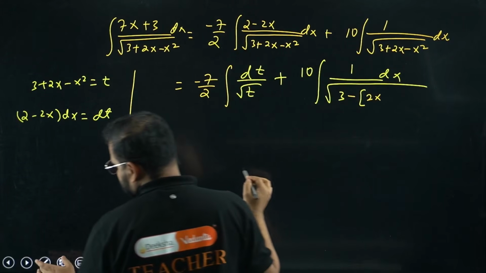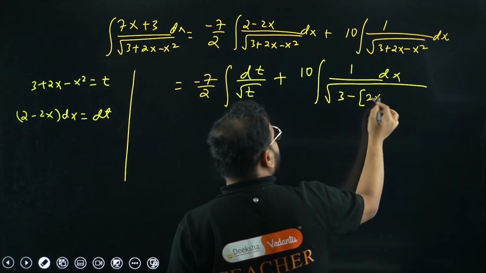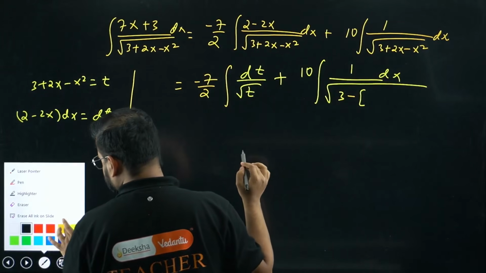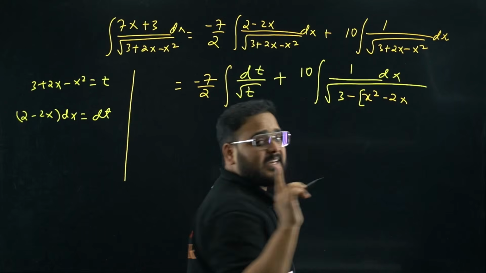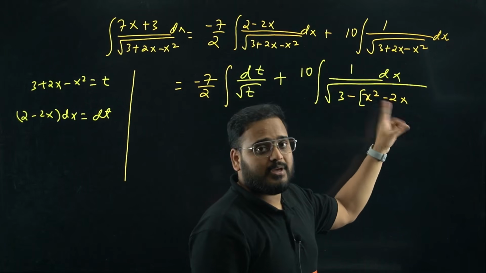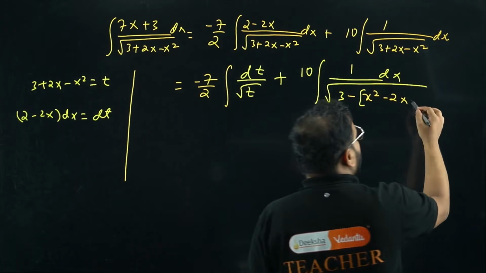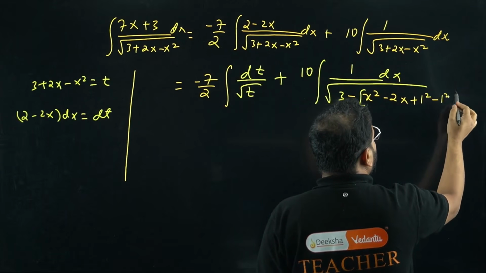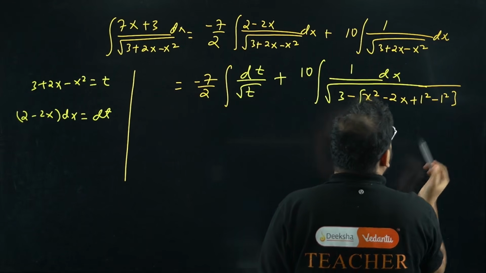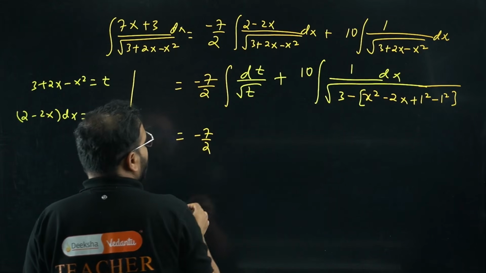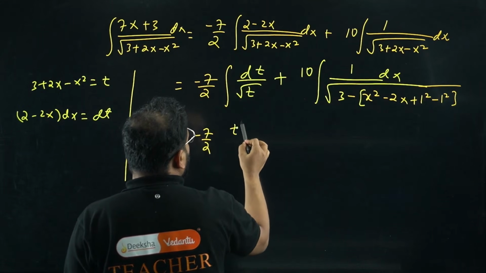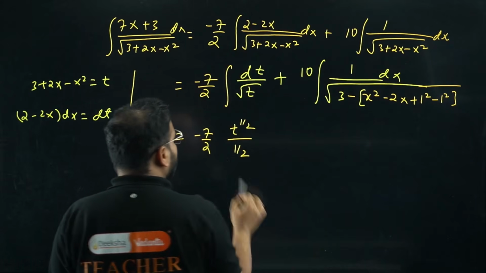I can write x square first, minus 2x. What is missing? I have a square minus 2ab, so b square is missing. So plus 1 square minus 1 square, close the bracket. This is the root. What I'm getting over here is simply minus 7 by 2. Integrate this, which will become t power 1 by 2 divided by 1 by 2. Correct, now?